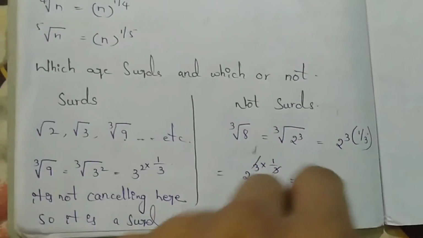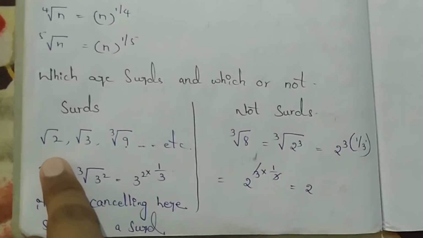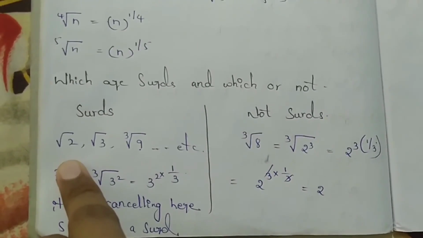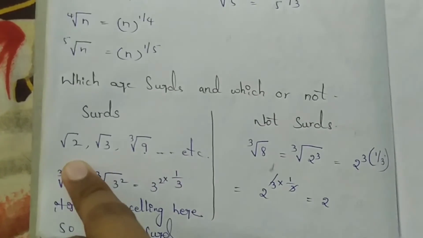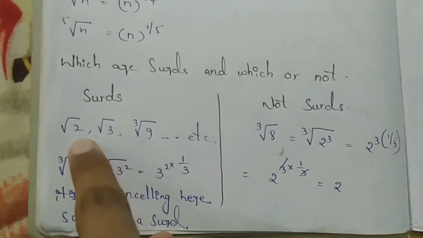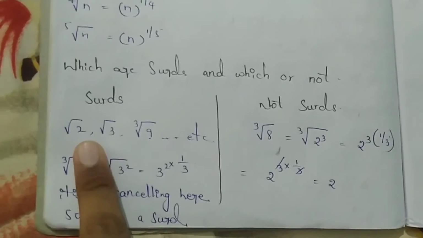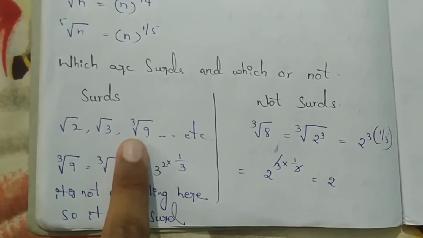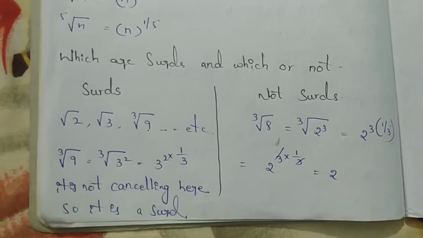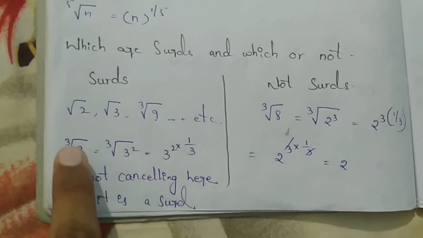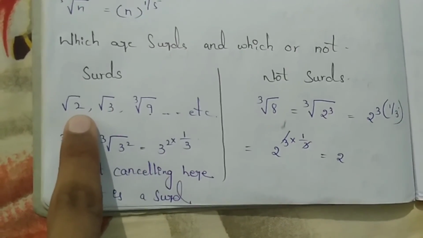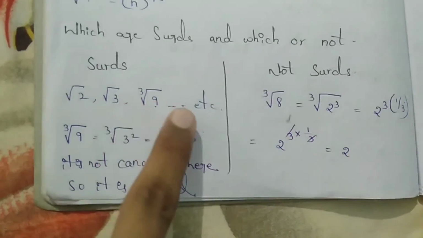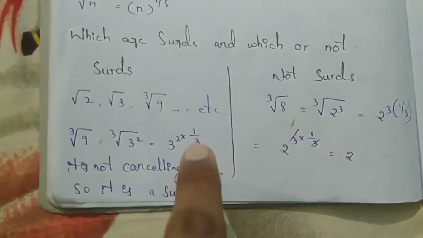Numbers which are not perfect squares are called surds. Let us take examples: root 2, root 3, cube root of 9, etc. are called surds. See here, root 2 is an irrational number and root 3 is an irrational number. 9 can be written as 3 square.